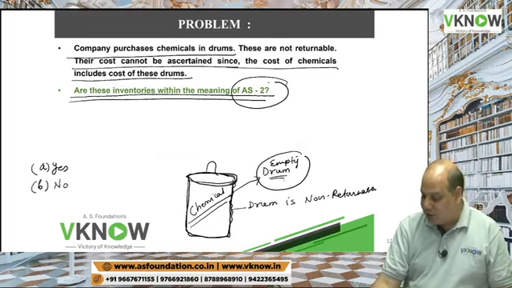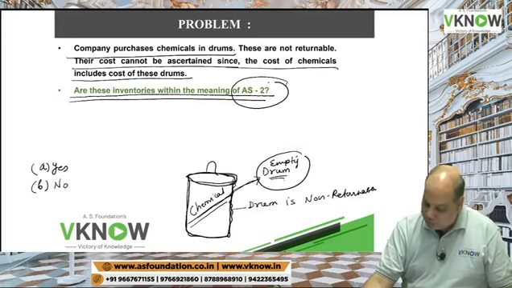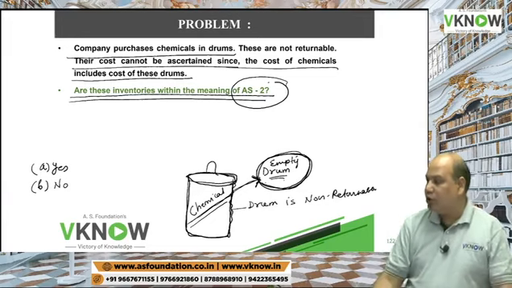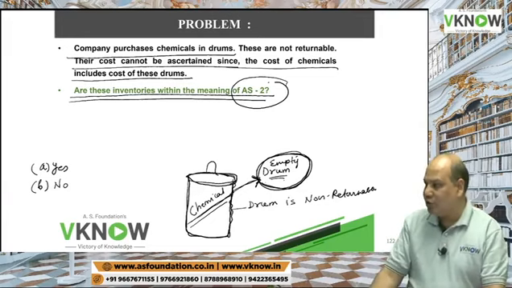Whether these empty drums in which you had bought chemical, once the chemicals are sold, you have lot of empty drums in your stock. Whether this will be called inventory as per Ind AS 2.